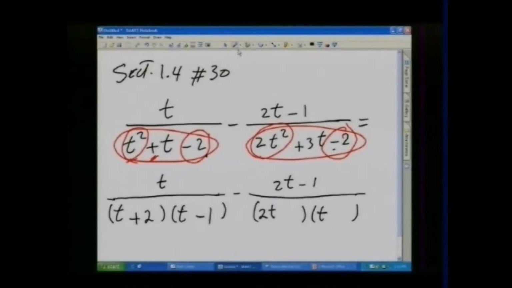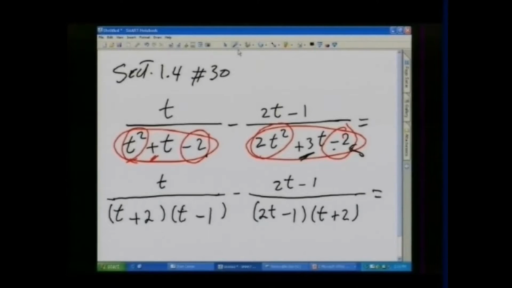And in order to get a negative 2, I can say plus 1 and minus 2 would do it, or a plus 2 and a minus 1. Again, I would look at the middle term. Since it is a positive 3, I would suspect that it has to be a plus 2 and a minus 1. If you multiply these two together, you're going to get the denominator of the second quotient.